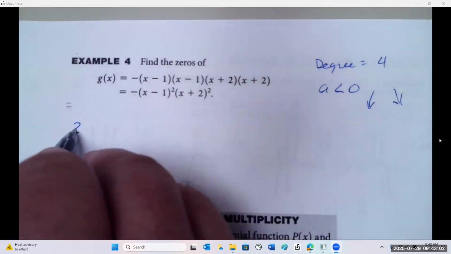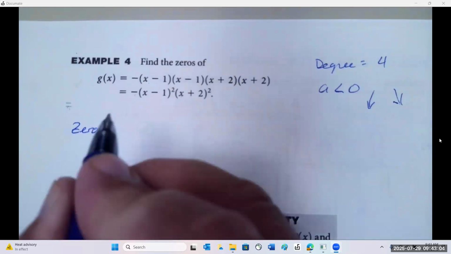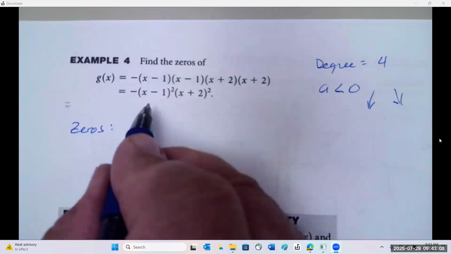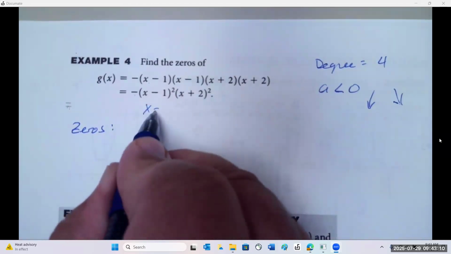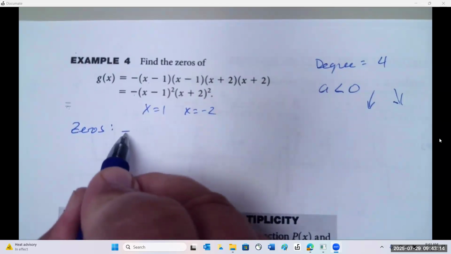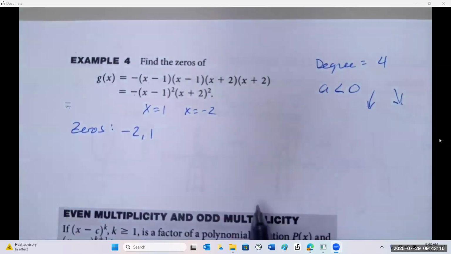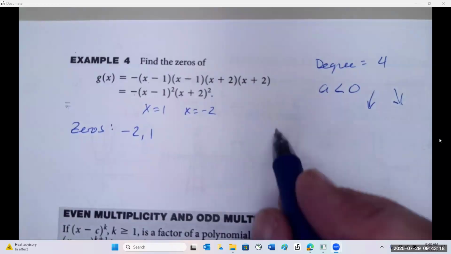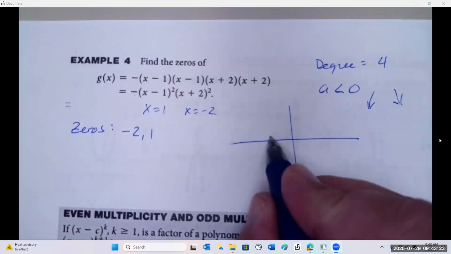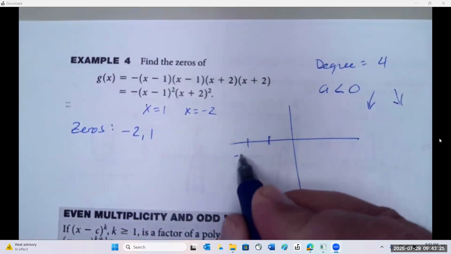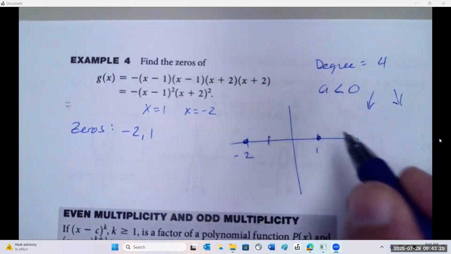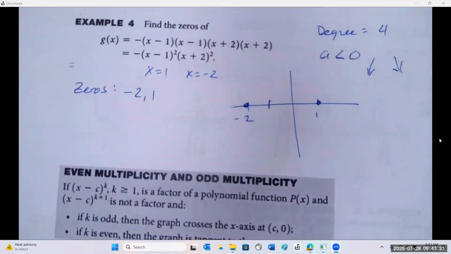What are my zeros? Yeah, it's x equals 1, x equals -2. Those are my zeros. What's my y-intercept?